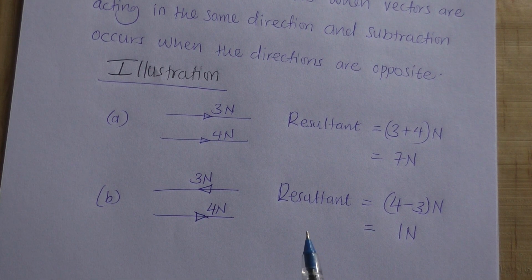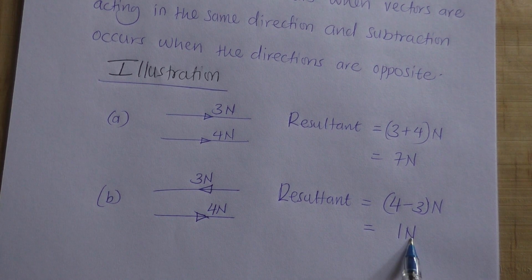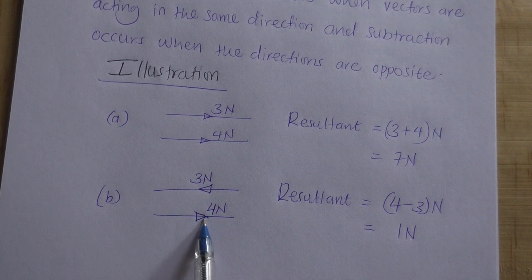That is, we shall have 4 minus 3 to give us 1 Newton. And that means that the 1 Newton is the resultant force, which has the same effect as 3 and 4 acting on the same object.